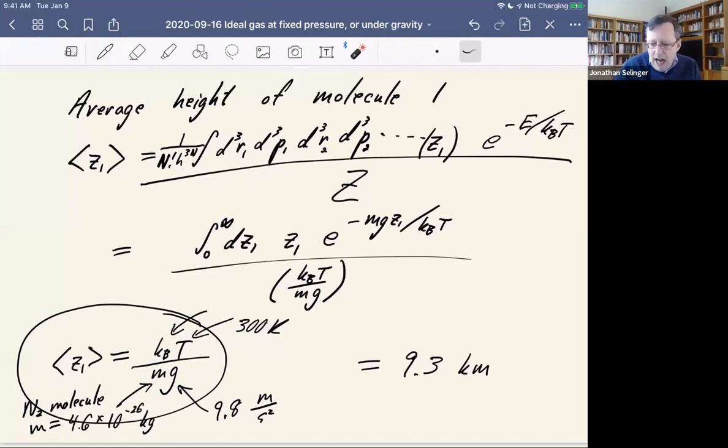And so I would get an answer which would be, instead of this thing, it would be this thing, plus some constant times this thing squared over the radius of the Earth.